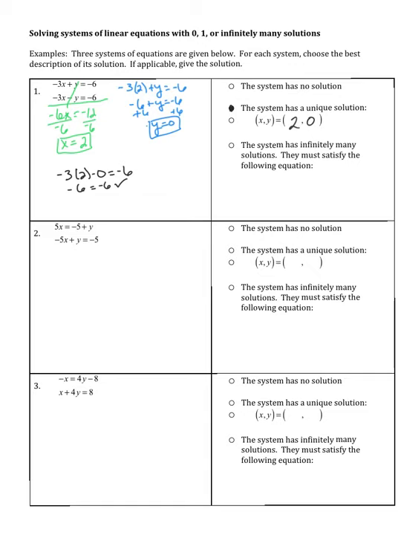Well, I'm going to rewrite this top equation. I'm going to line up my 5x's. Why not? So I'm going to move my y, minus y, minus y, 5x minus y equals negative 5.